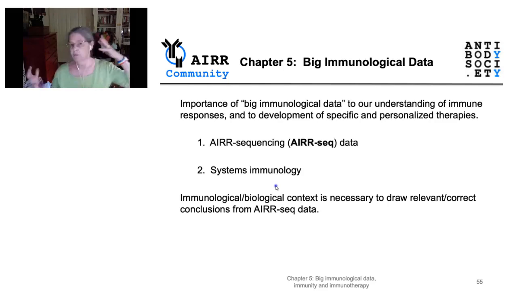And so these are completely different kinds of big data, including AIR-seq data, to try to figure out what the main components are in an immune response. So they do it through artificial intelligence, neural network analyses, and so forth.